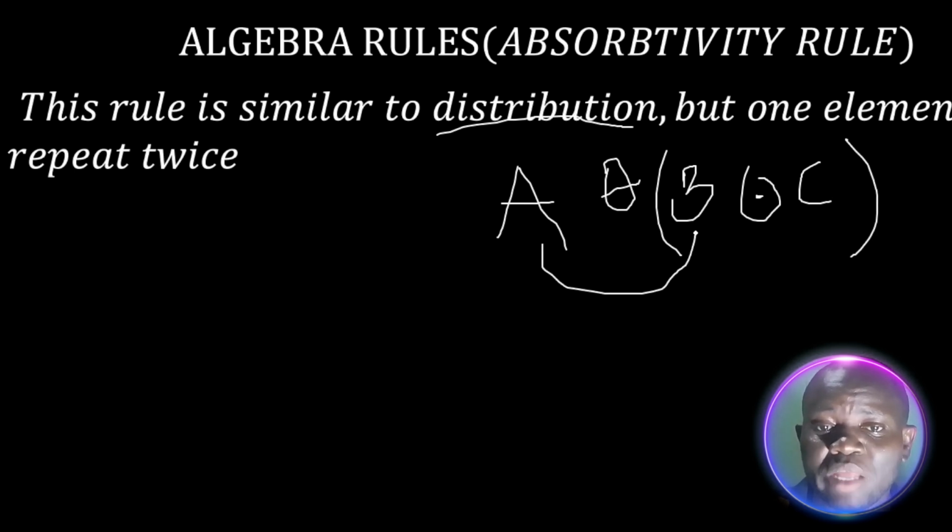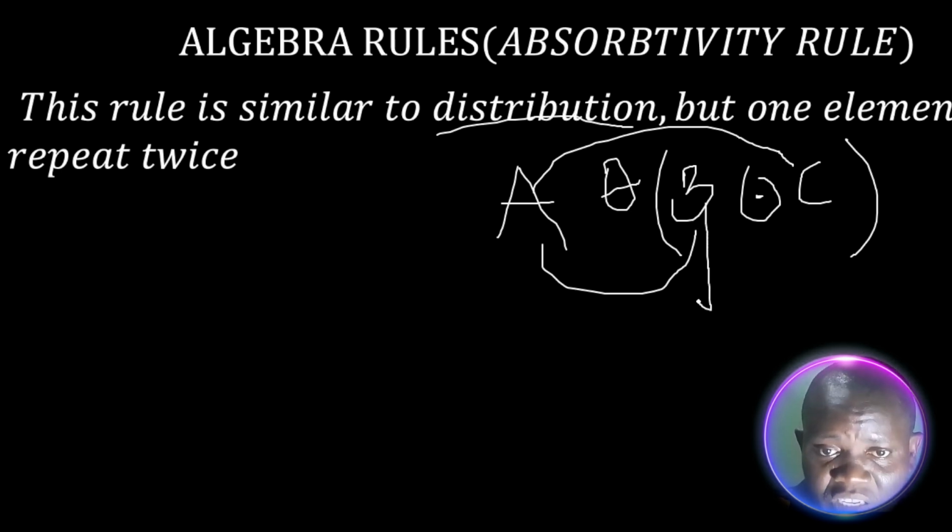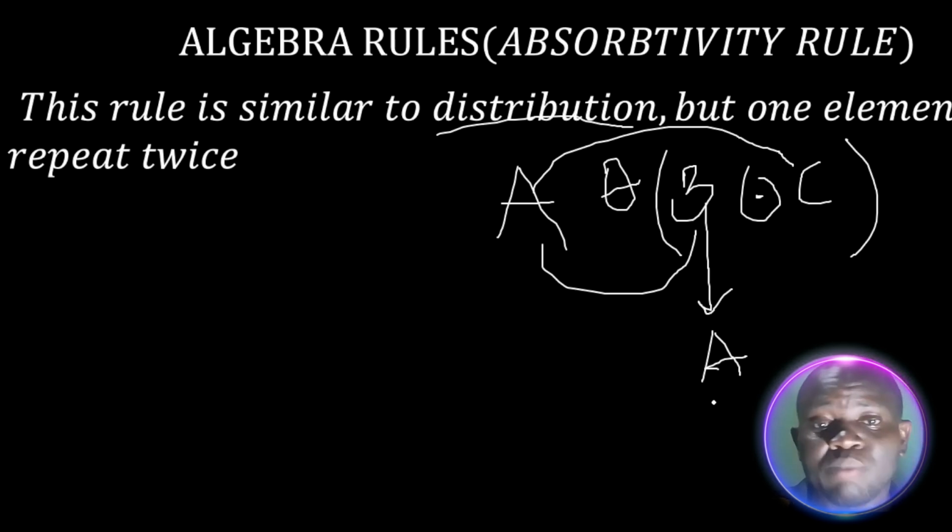A will be distributed over B and A will be distributed over C. This is the rule of distribution. And we said that absorptivity is similar to the rule of distribution. How? The only thing that changes is that this B will become A. That is to say, A will repeat twice. There is repetition in absorptivity. Other things remain the same.